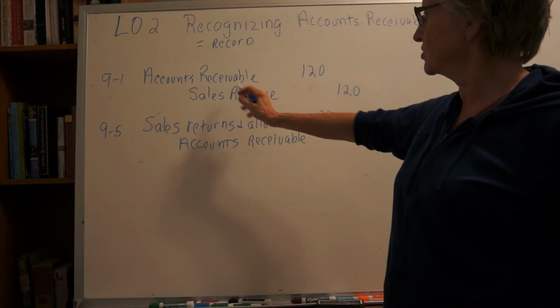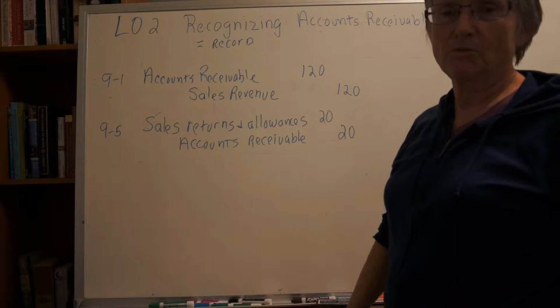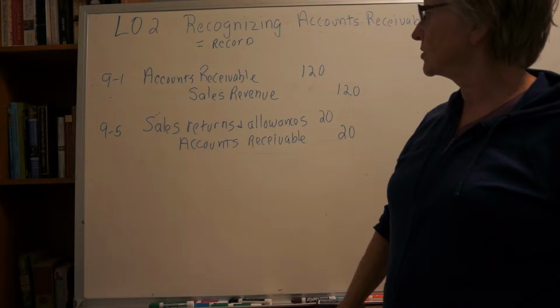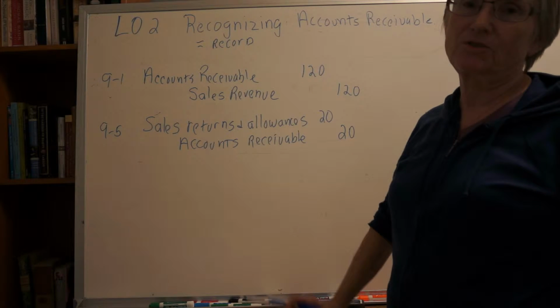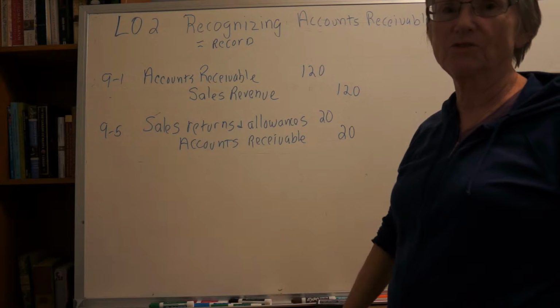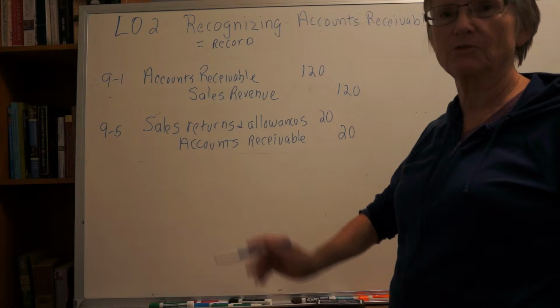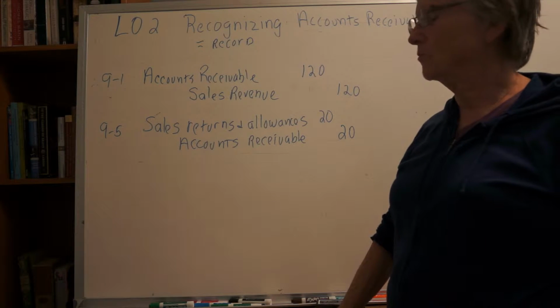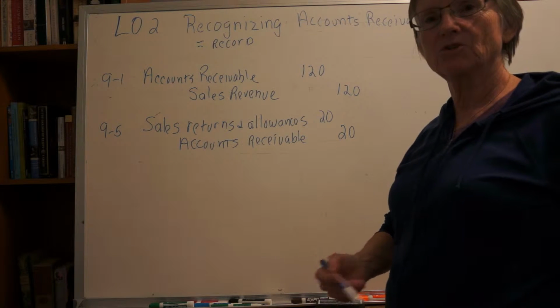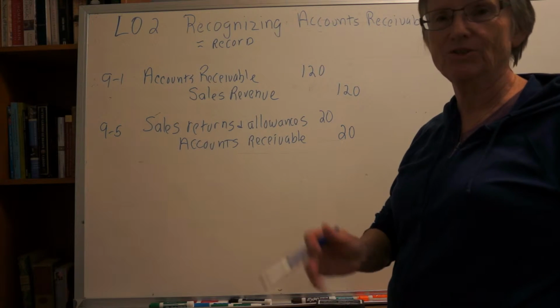You could say, why don't we just reverse this entry? As a manager or someone who's running a company, you're going to want to keep track of how much your sales returns are. If it runs at a certain percentage for a few years and then all of a sudden it skyrockets, maybe it goes from 5 to 40%, why are your customers all of a sudden returning so much stuff? Is it because the quality has declined? Is it market changes?